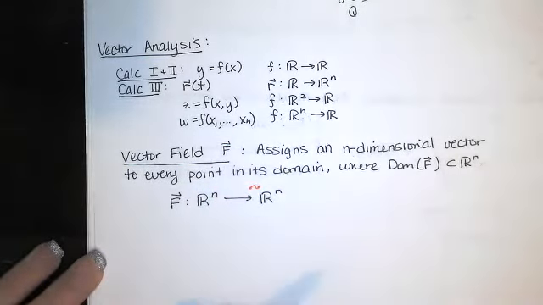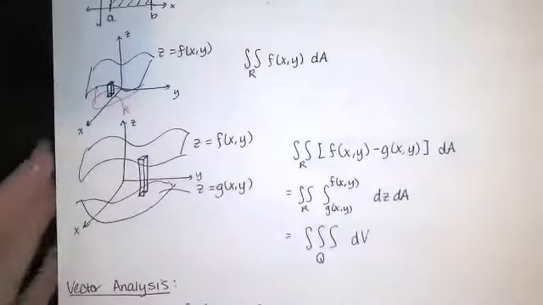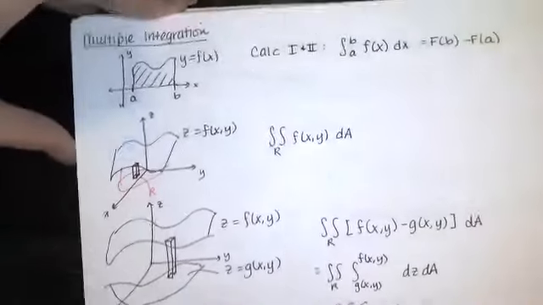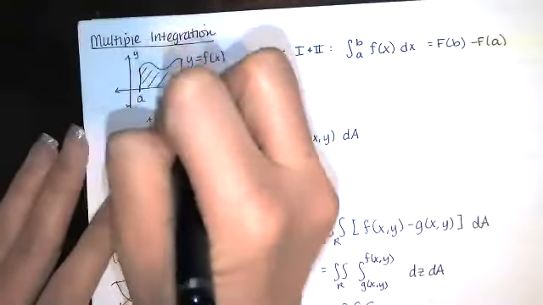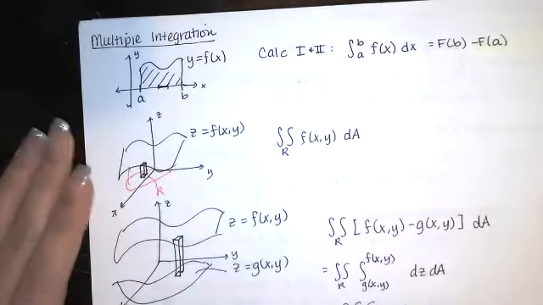Now, one other thing that this chapter is about, it's about extending this idea of multiple integration. In Calculus 1, we were integrating over a subset of the real line. So we're integrating over something that looks like this.